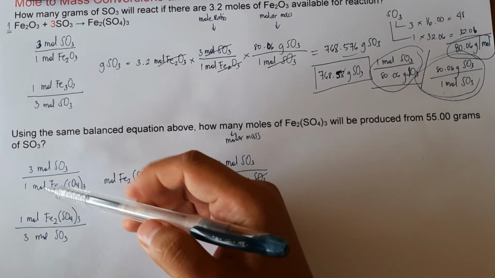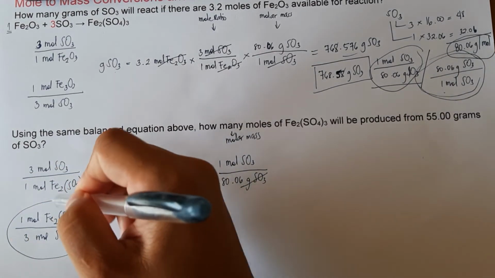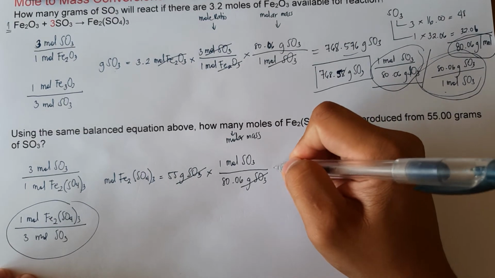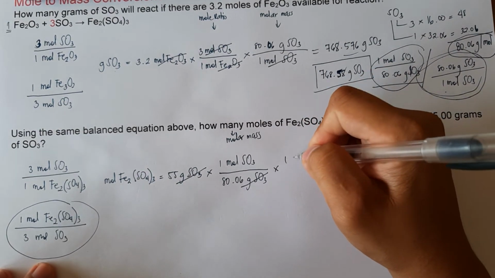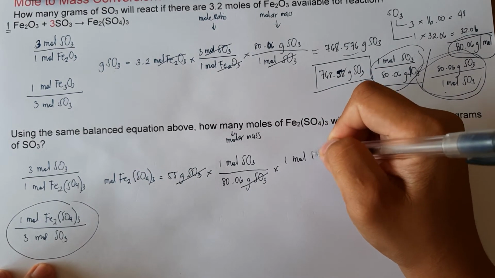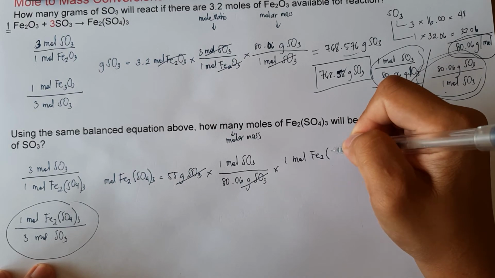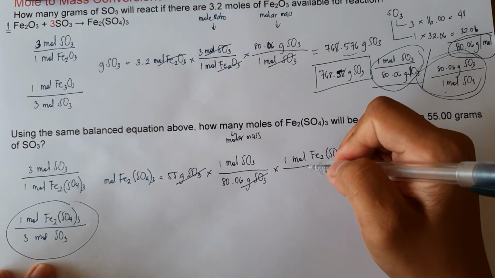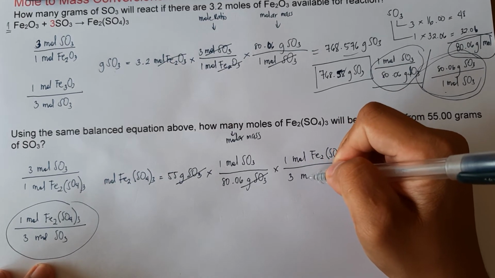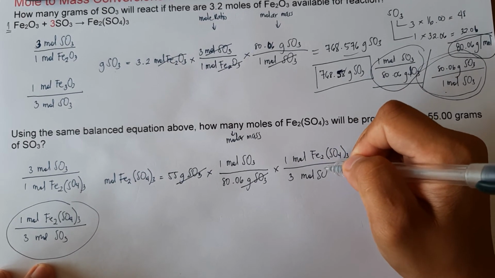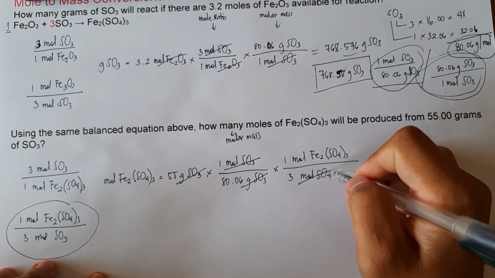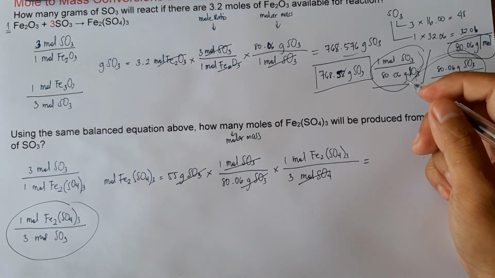So, we are going to use this mole ratio. Again, times 1 mole of Fe2(SO4)3 over 3 moles of SO3. So, cancel. What will be our answer?